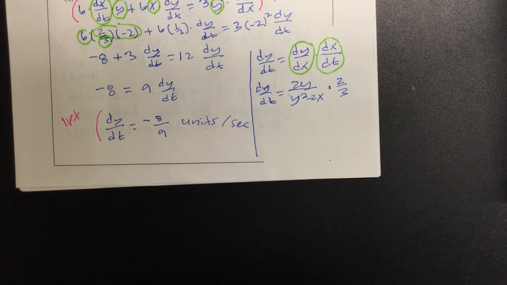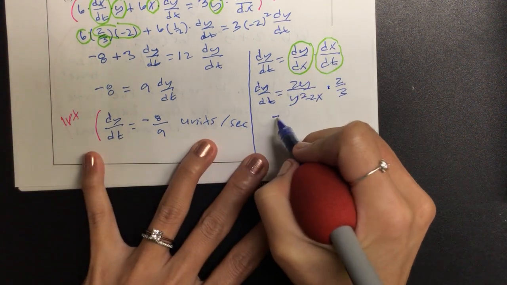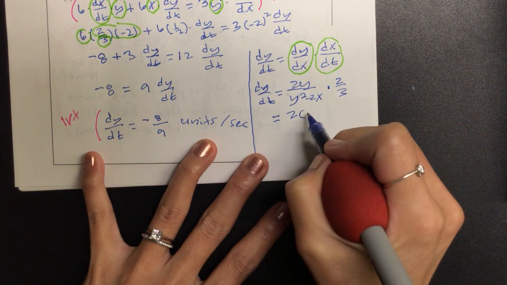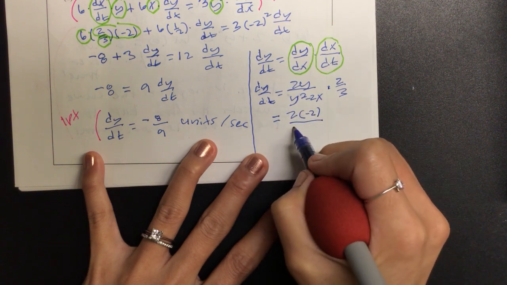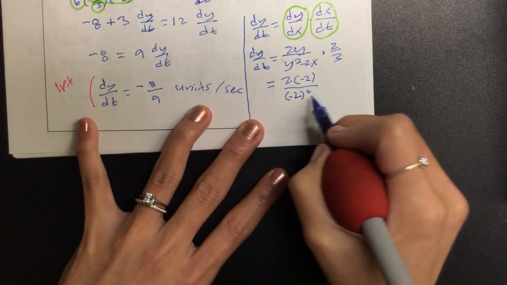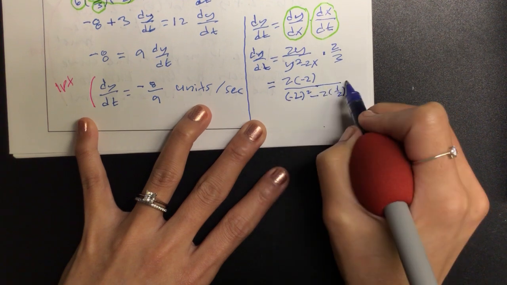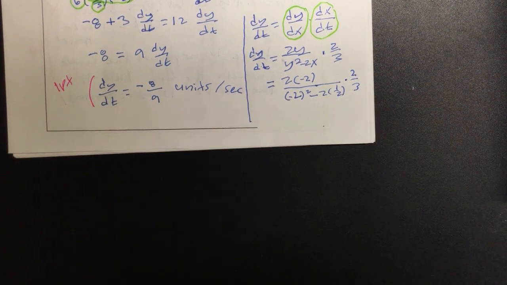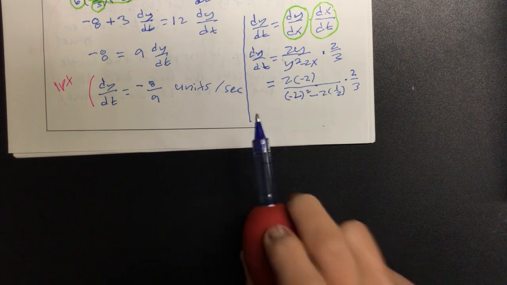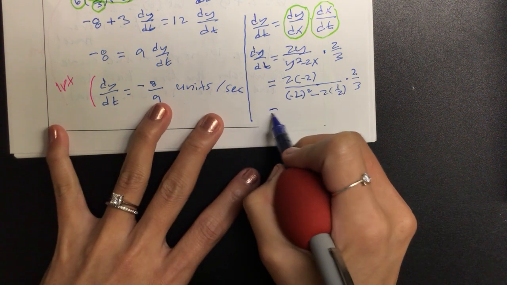At this point, all I need to do is plug in the values. We know the y, we know the x. So here I have 2 times negative 2 over negative 2 all squared minus 2 times 1/2, times 2/3. So let's do our math. I'm going to go straight across the top. What is 2 times negative 2 times positive 2?